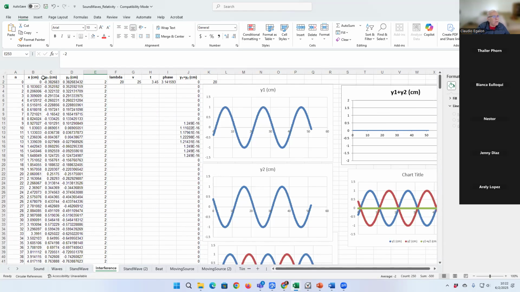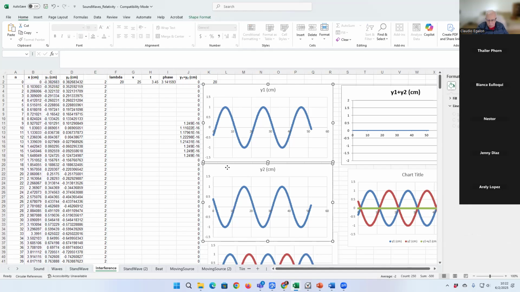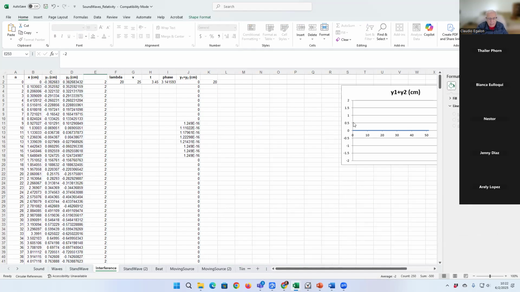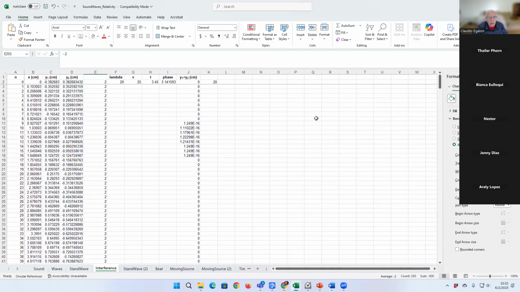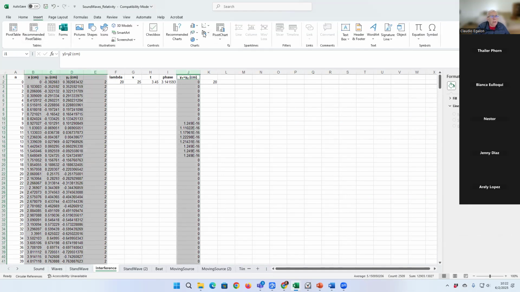Now I'm going to erase all those graphs that you see here. Hopefully you're already familiar with what I did. And I'm going to plot all of them into a single graph.